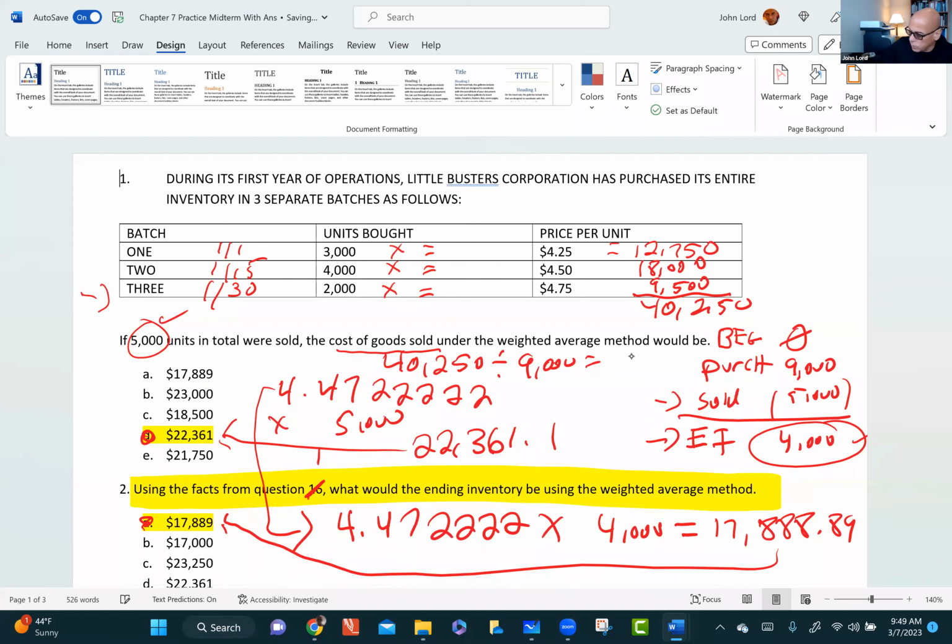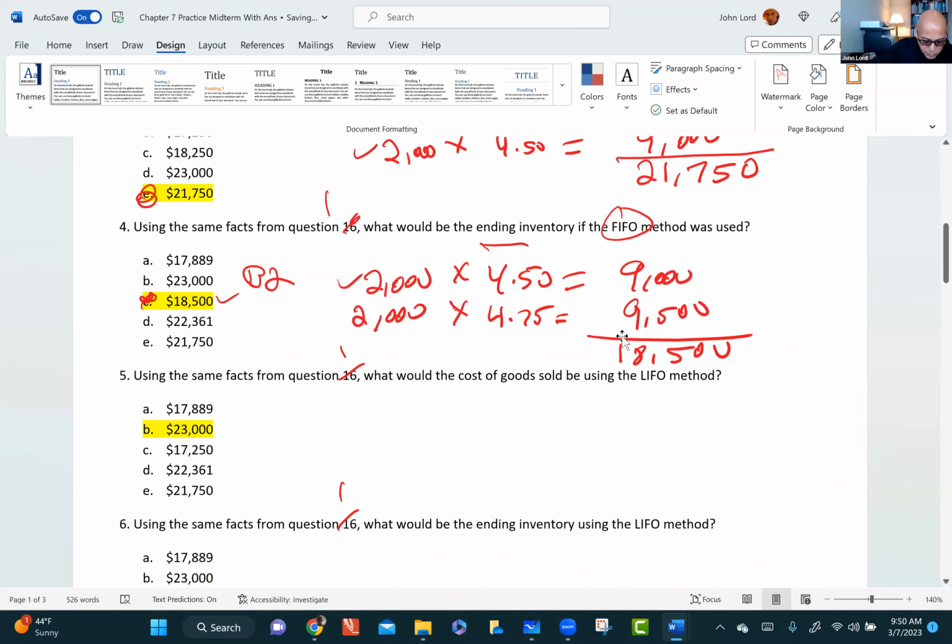Since I sold 5,000, I'm going to have to take 2,000, right? And I'm going to take that from these 475. Those are all going to be gone. So 2,000, I'm going to sell all those. Sold 5,000, 2,000 times the 475, and even though I'm calculating cost of goods sold instead of ending inventory, I can borrow from the calculation I made before.